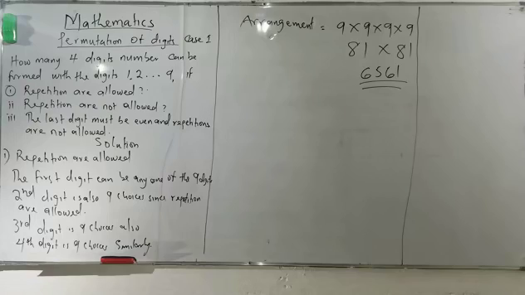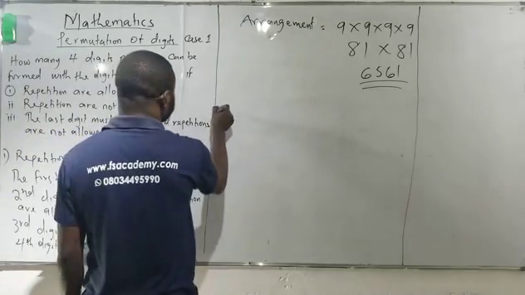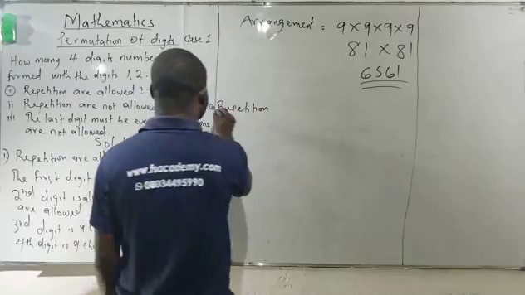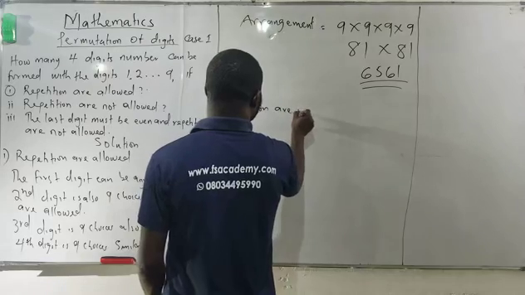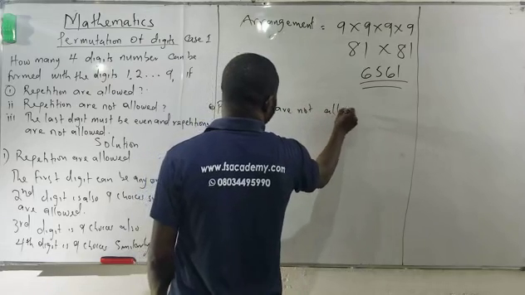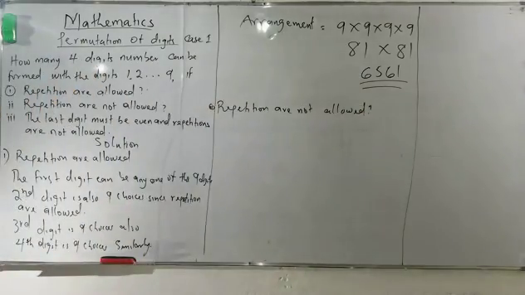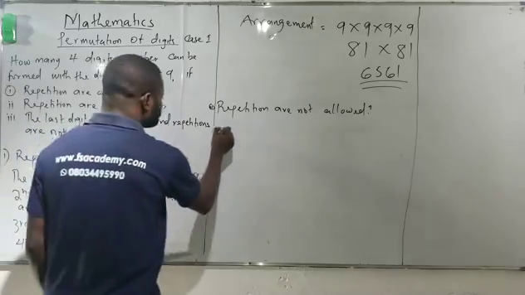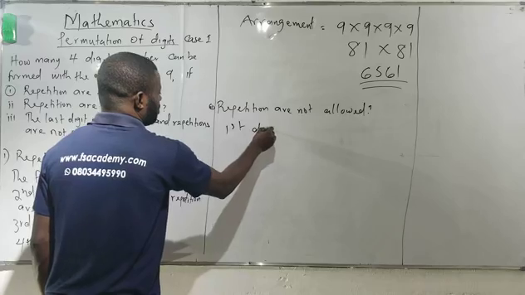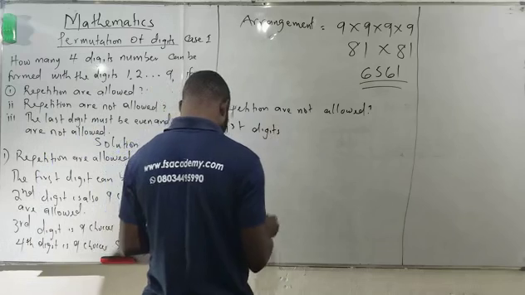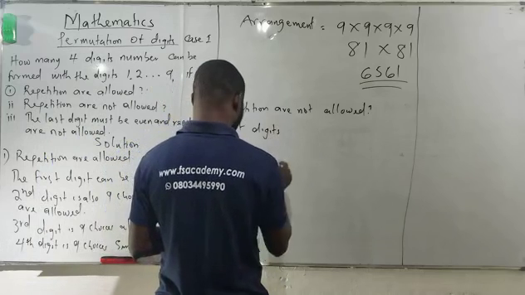Now, the first thing you need to do is that the first digit can be 9.